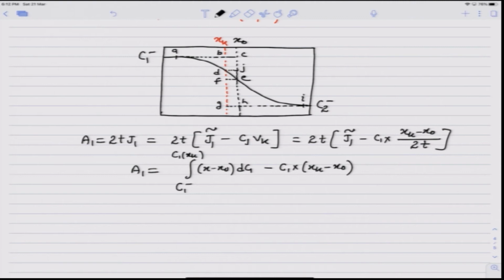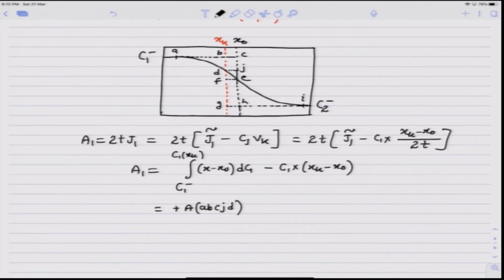So in terms of the area, the first integral on the right hand side here is nothing but the area ABCJD, and for the sign of the area, x minus x0 is negative and dC1 is also negative, so this should be positive.